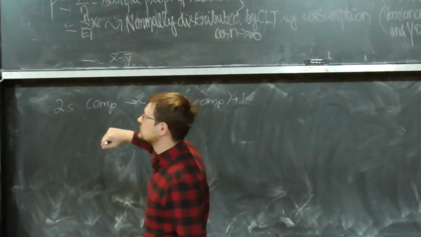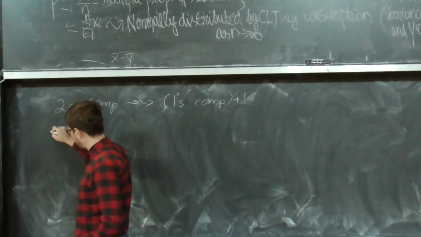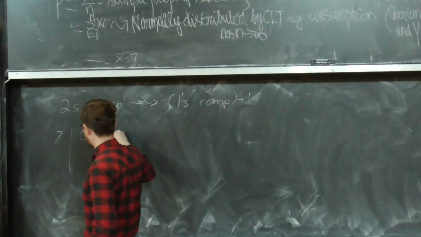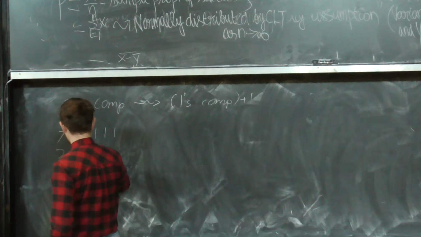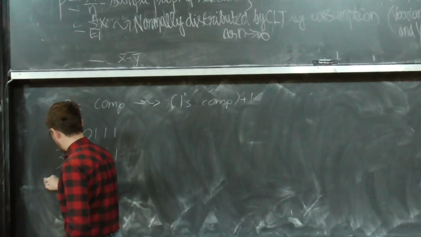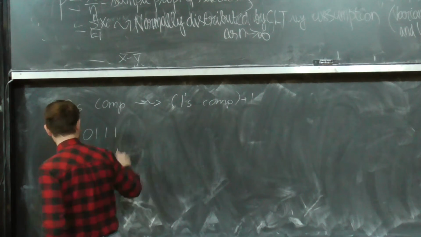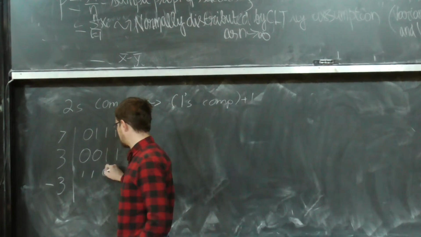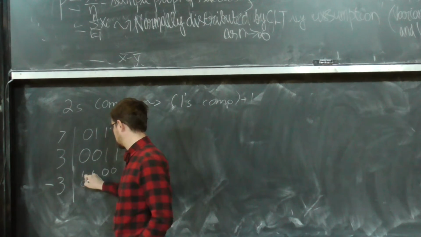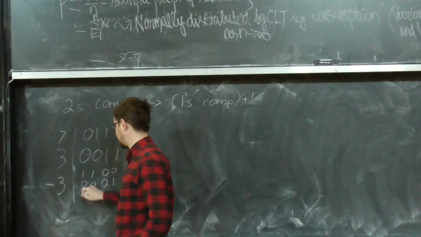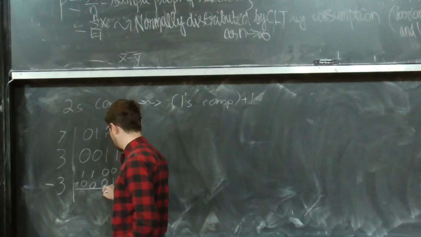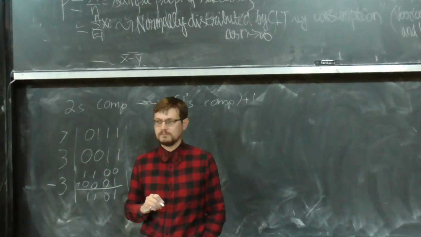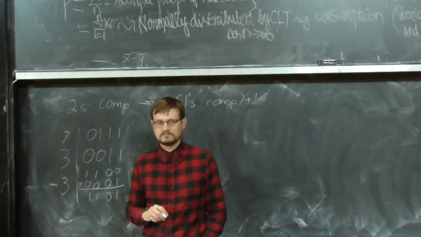Right? So going back to our example again, 7 remains the same. 3 is 0, 0, 1, 1. Negative 3 now becomes the 1's complement of the positive value, and you add 1 to it. Make sense?